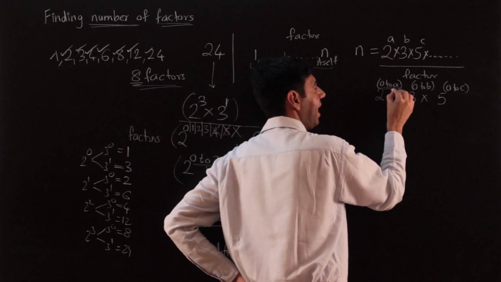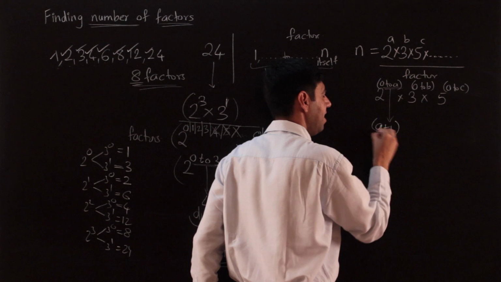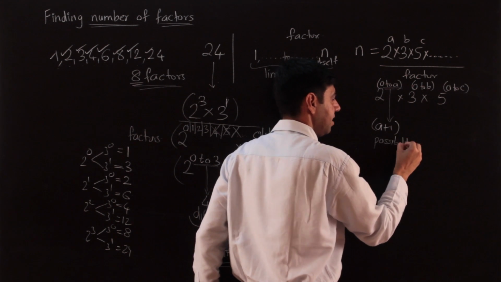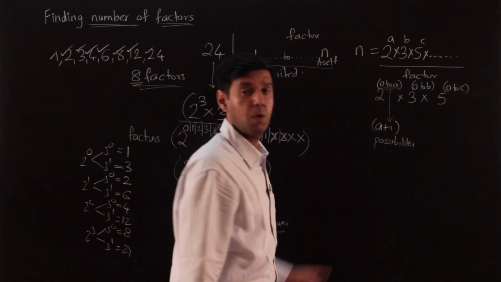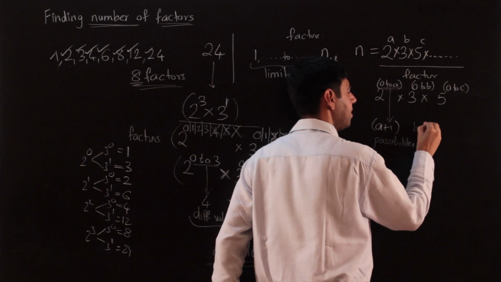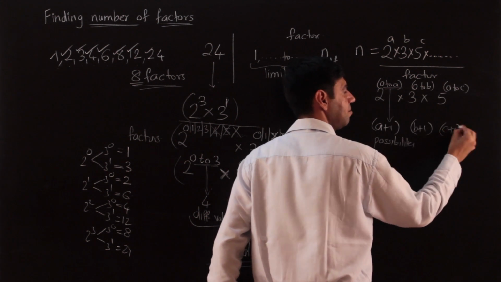And 0 to a, mind you, is nothing but a plus 1 possibilities. There are a plus 1 different possibilities. Similarly, 0 to b is b plus 1 possibilities. 0 to c is c plus 1 possibilities.